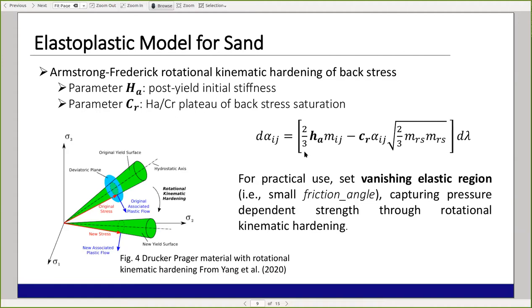In our hyperbolic Drucker-Prager yield function, we multiply this alpha ij with the confining pressure P as the backstress. So in the normal stress space, the yield surface of the Drucker-Prager cone will rotationally move along with the evolution of the backstress, as shown in this picture.